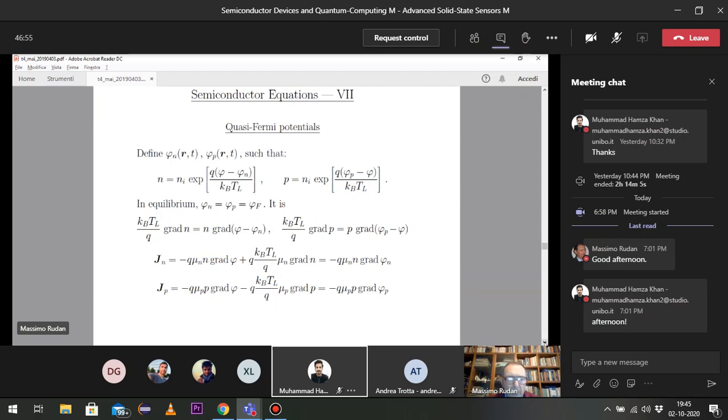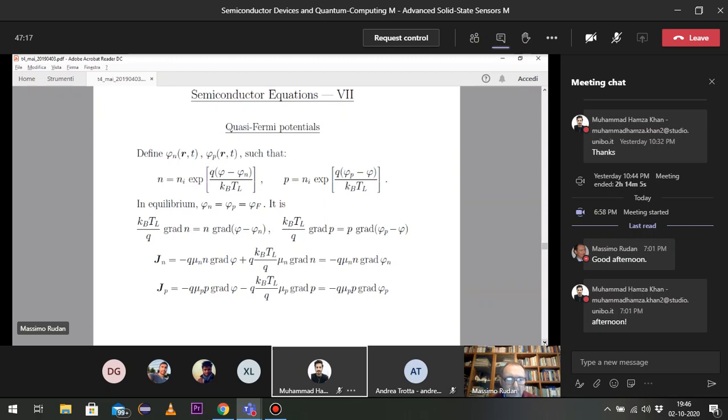And we impose that the electron concentration can be written as n_i exponential of q over kT (phi minus phi n). So this is just a definition of phi n.